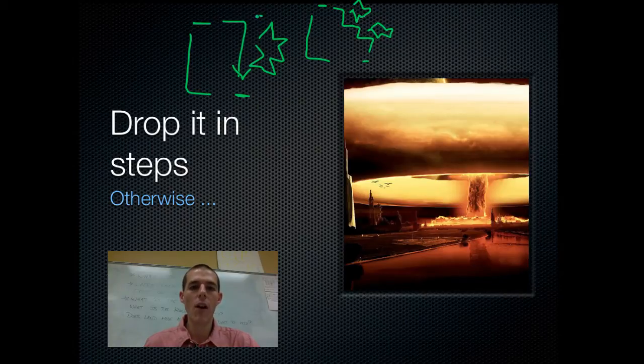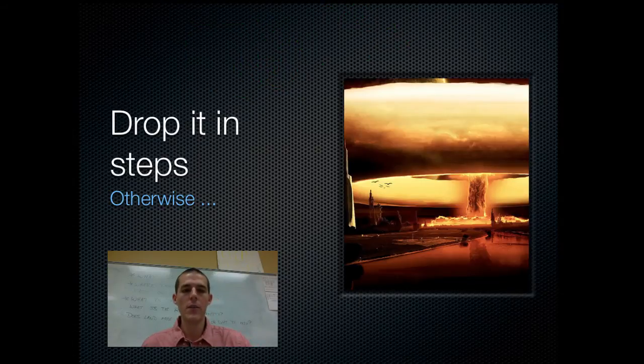If you release it all at once, just one big drop down, you have an explosion. If you do it stepwise, you get little bits of energy, and these little bits of energy are infinitely more usable to your body than this big explosion. Your body couldn't use this explosion to do work, but your body can pull these little bits of energy and use it to do what the body needs to do.